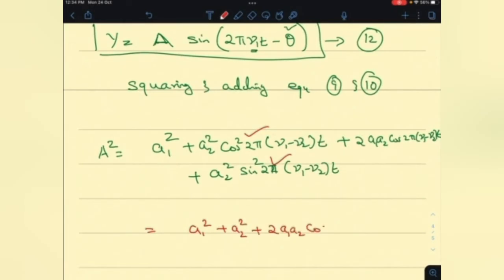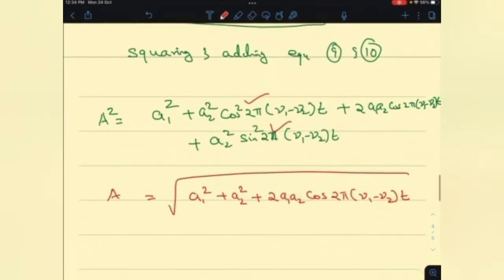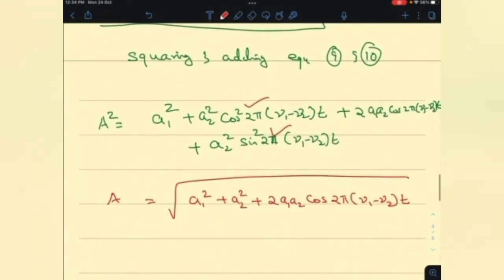So you have got the amplitude for the total displacement. In order to get the angle theta, that's also unknown. What you have to do is find tan theta. That tan theta is sin theta by cos theta, that is 10 by 9.